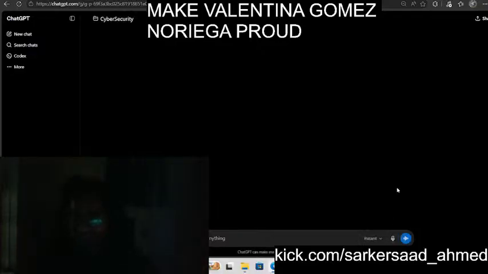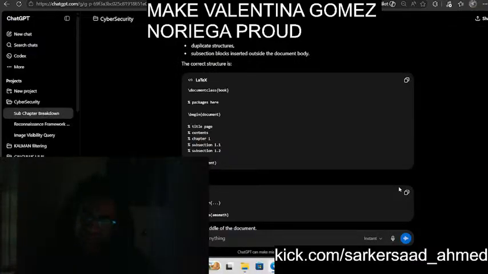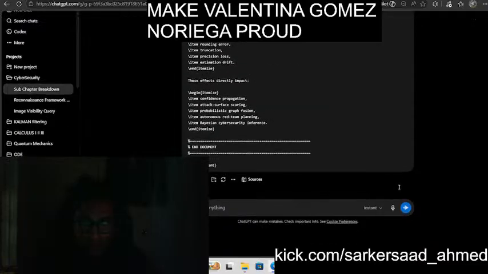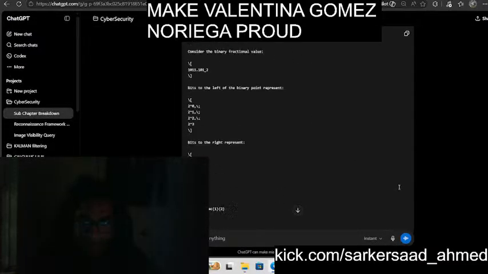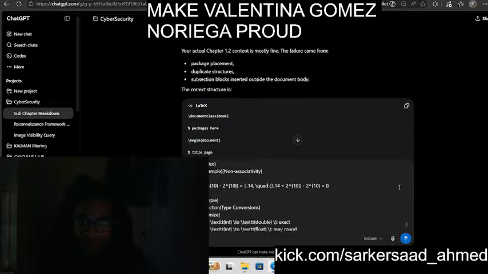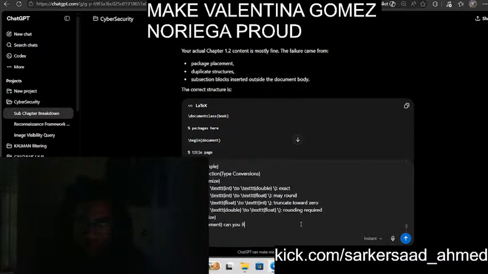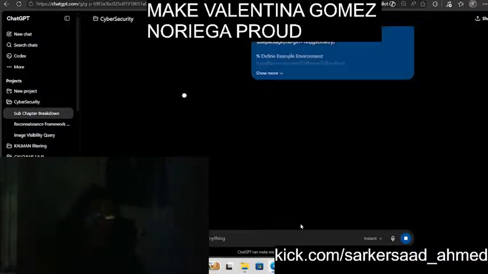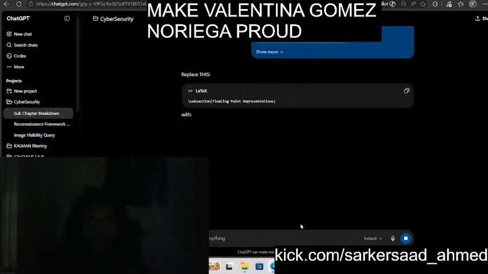Again, ChatGPT is very old. Can you remove everything that has 1.1 in it and replace it with 1.2? The rest I'm going to do the changes myself because it's not able to do it.